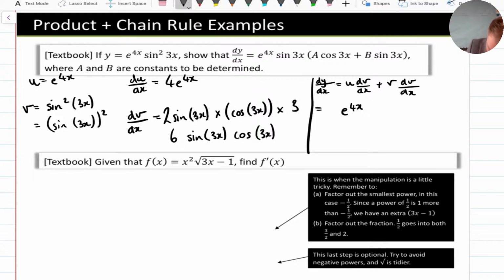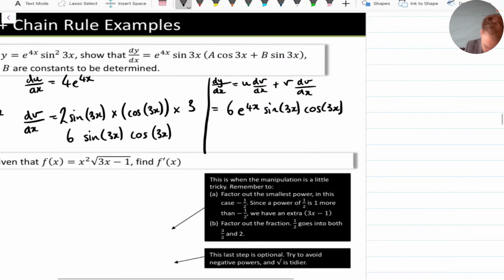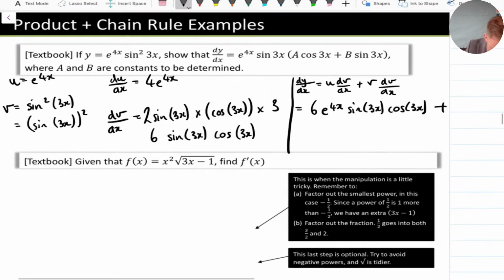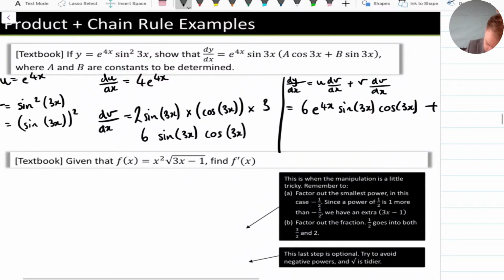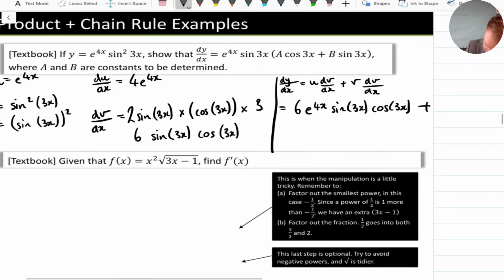So it's going to be 6 times sine of 3x times cos of 3x. So that's that u dv. Plus v du. Now v is the sine squared 3x times du, which is that 4e to the 4x.